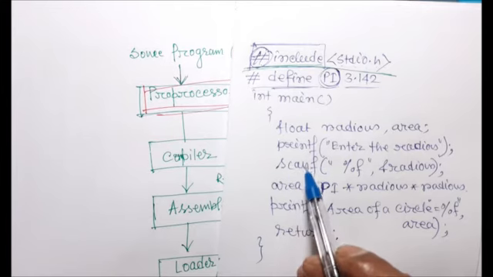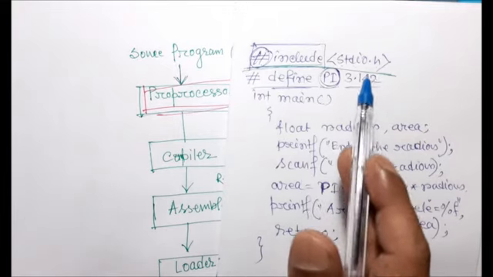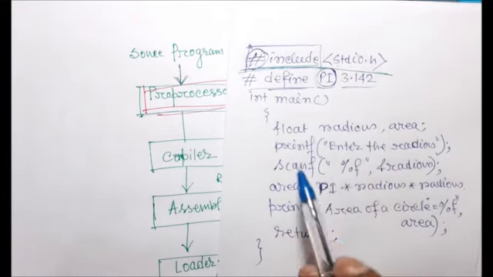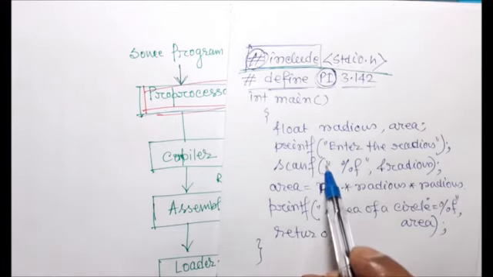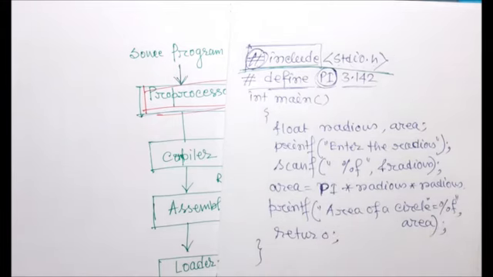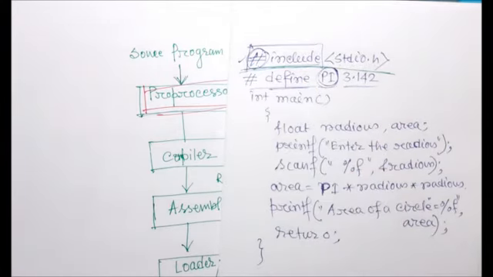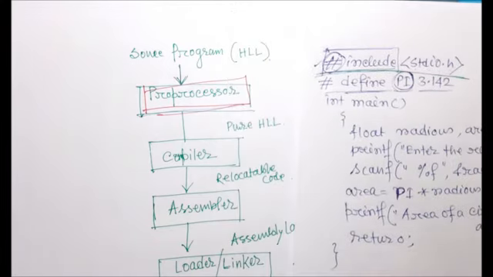The function bodies are written in this header file, and I am just calling or using these functions by passing some arguments. So this is the second task of the preprocessor in preprocessing.